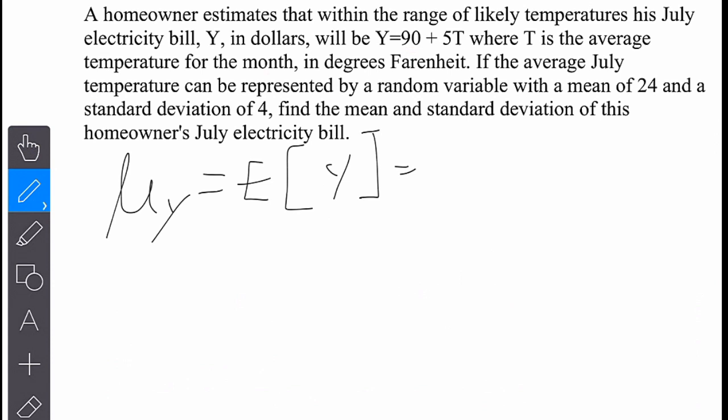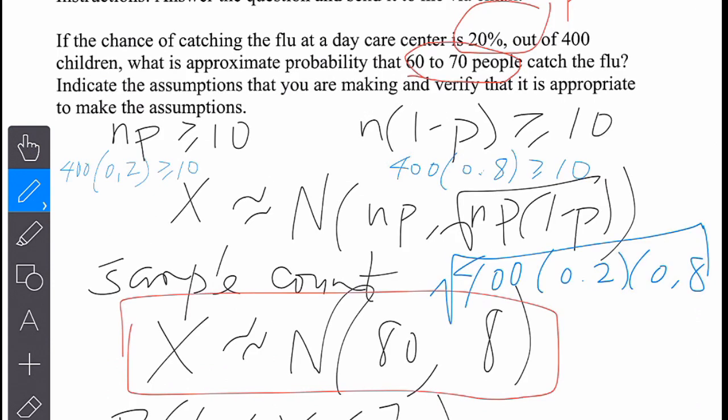I'm not going anywhere. Let me see what it said. If the chance of catching the flu at a daycare center is 20% out of 400 children. Oh, out of 400, what is that? The people catch the flu. Oh, so yeah, I said children, and then I said people. Yeah, maybe that's confusing. I could have said children and children or people and people. So I'll see what you did, okay?